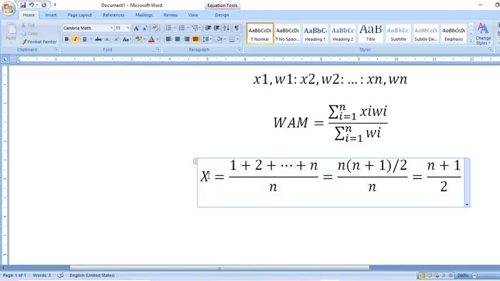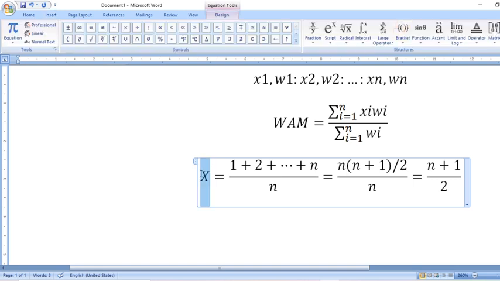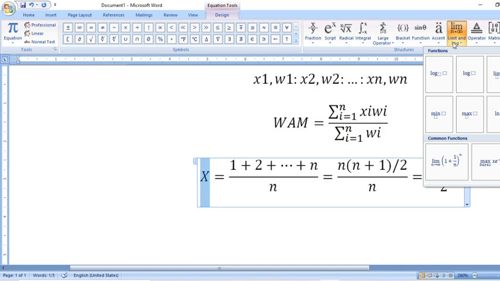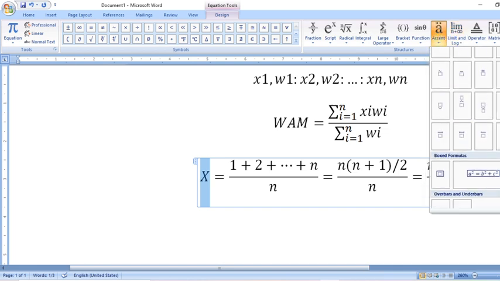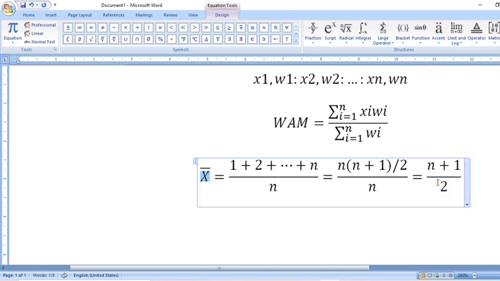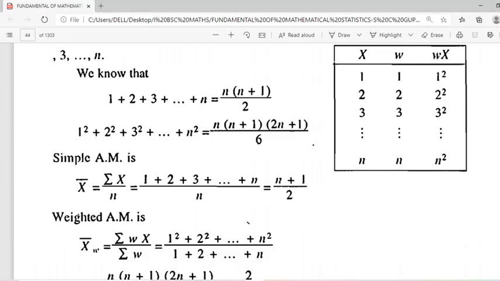So let us put a bar also here. This is the formula for computing arithmetic mean.